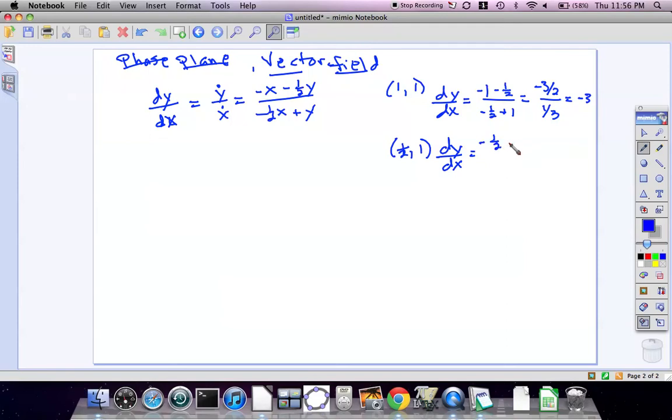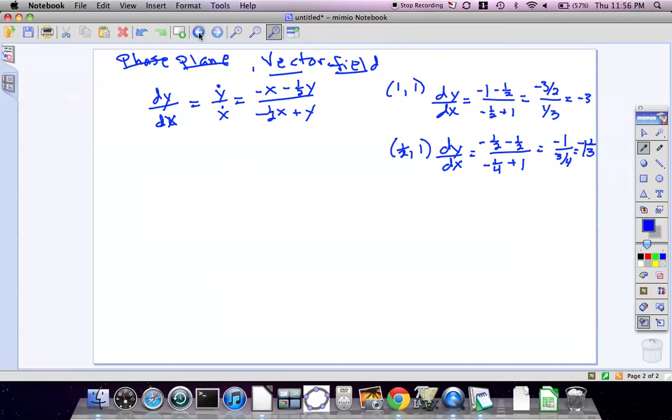Negative 1/2 minus 1/2 over negative 1/2 times 1/2, negative 1/4, plus 1, which gives me negative 1 over 3/4, which would be negative 4/3, so negative 1 1/3. So same height of points here, but just moving a little bit in toward the origin on the x part, I should see that it's a lot less steep.